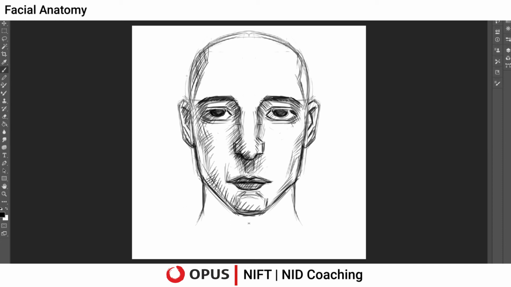putting the hair, which can be given at the last, and it also depends upon the kind of hairstyle you want to put across this face or across this character.